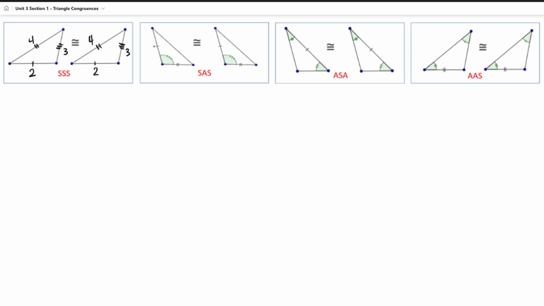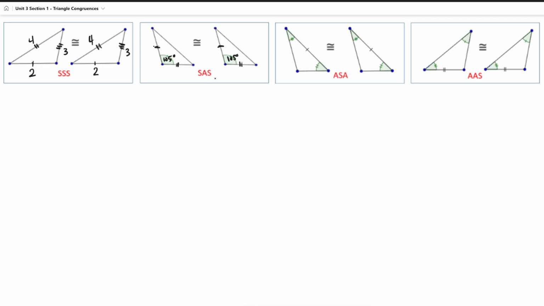So we have the same side right here, and then we have the angle, right? This is the same angle. We'll rough estimate it to be like 105 degrees. And then another same side right here.